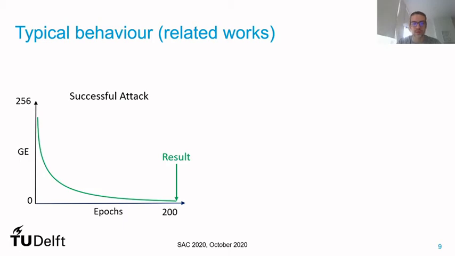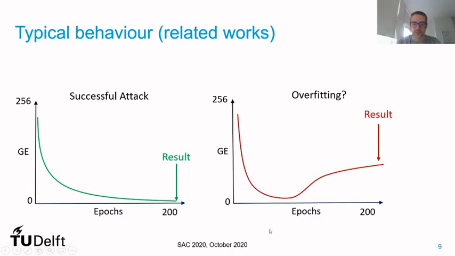After processing 200 epochs, you collect the guessing entropy of your attack set. You ignore what happens before 200 epochs and only look at the result at 200 epochs. If the guessing entropy is 0, it means that your attack is successful.